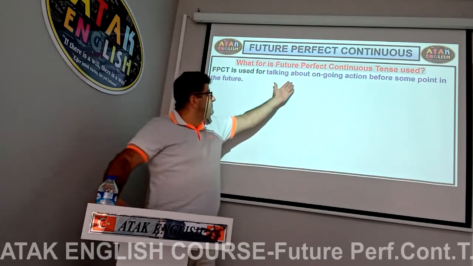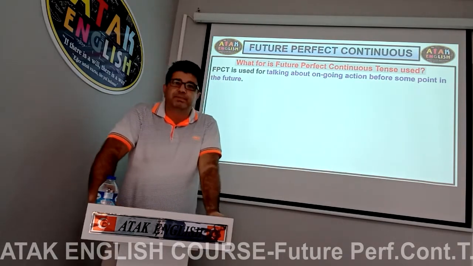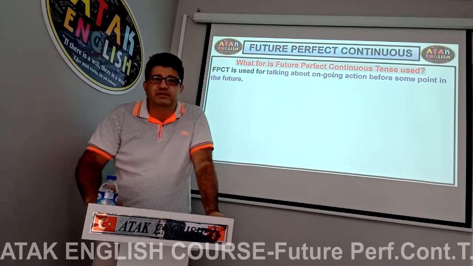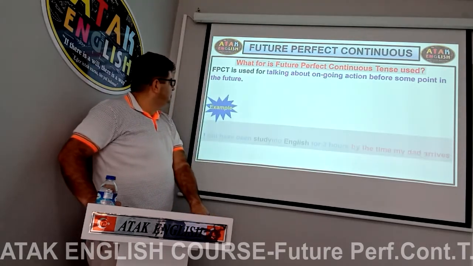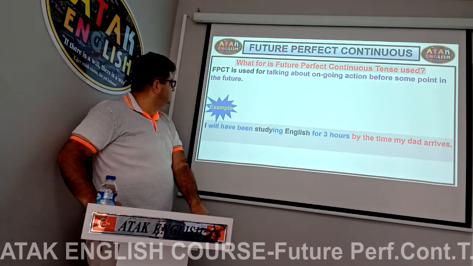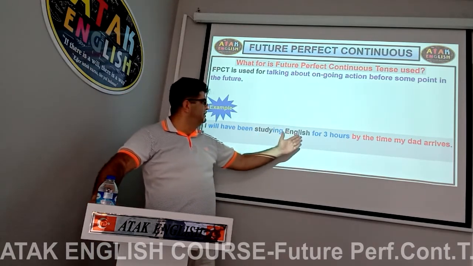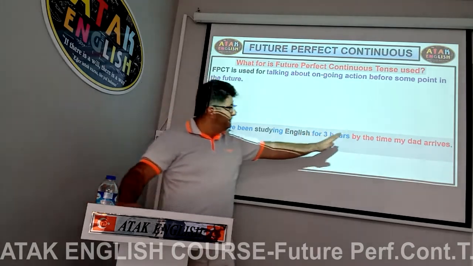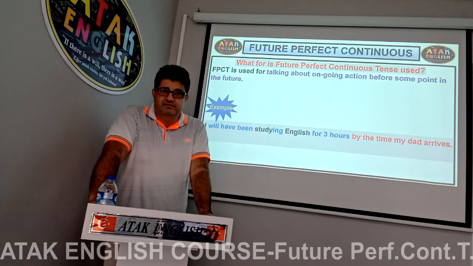For talking about an ongoing action before another point in the future. Let's try to understand it with an example. Here it comes. I will have been studying English for 3 hours by the time my dad arrives.